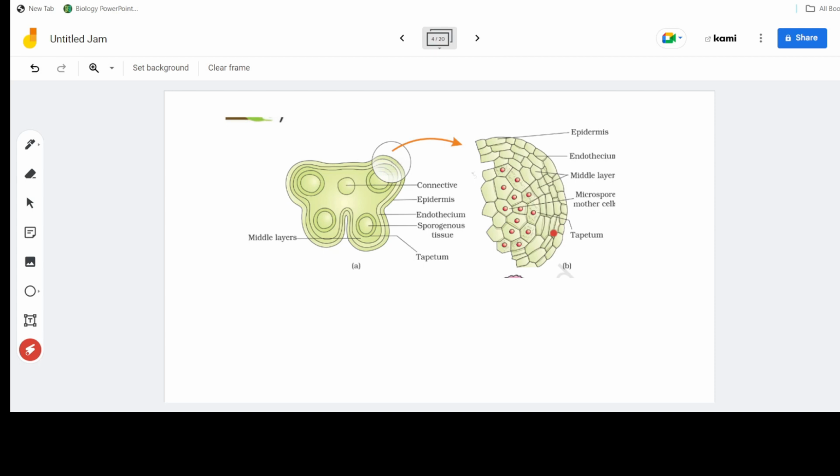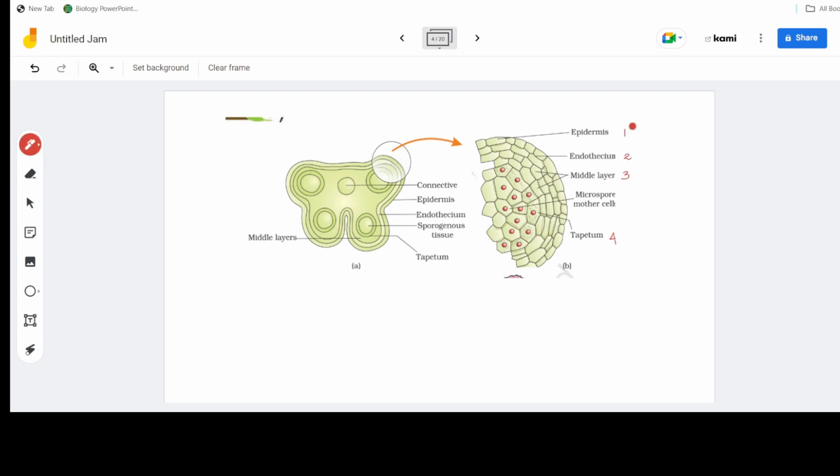Each microsporangium has 4 wall layers. So what is the first wall named? Epidermis. The second wall layer is named endothecium. Single epidermis, single endothecium. Then we can see a few middle layers, and next to the middle layers we could see the special layer called tapetum. So these are the 4 wall layers of the microsporangium.